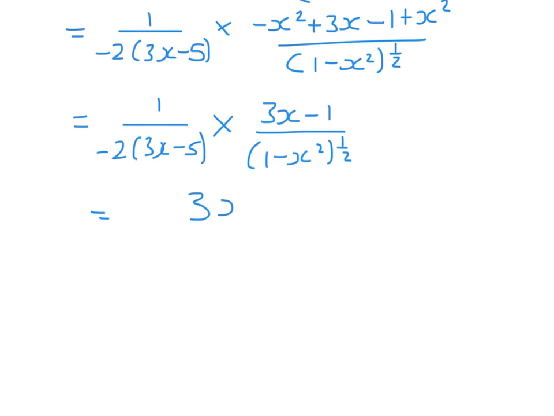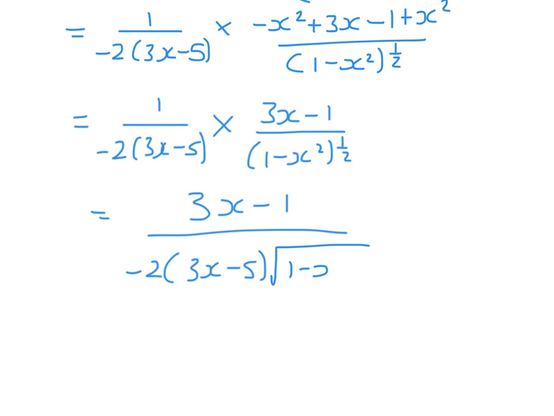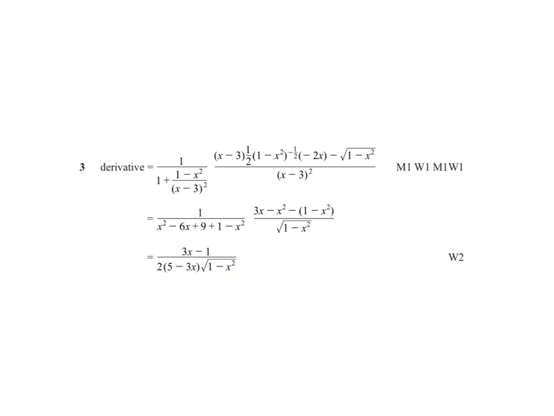So that is 3x minus 1 all over minus 2 upon 3x minus 5 square root of 1 minus x squared. Mark scheme shows it in a lot less steps than I have used, and if you just are careful at the end, I had a minus 2 times 3x minus 5. I have 2 times 5 minus 3x.